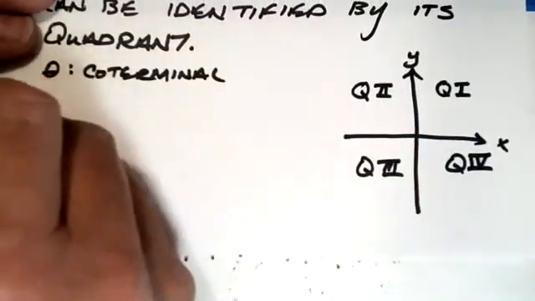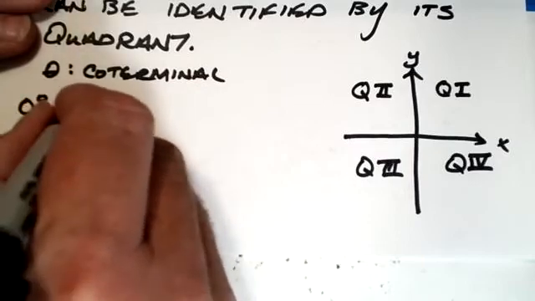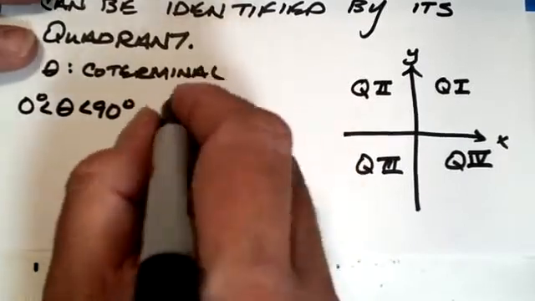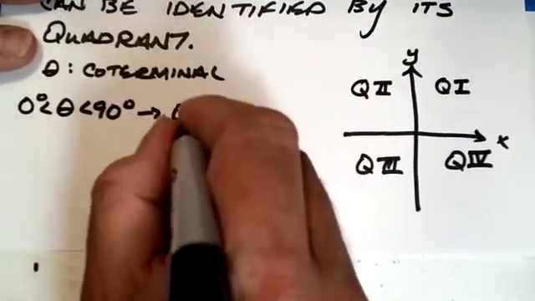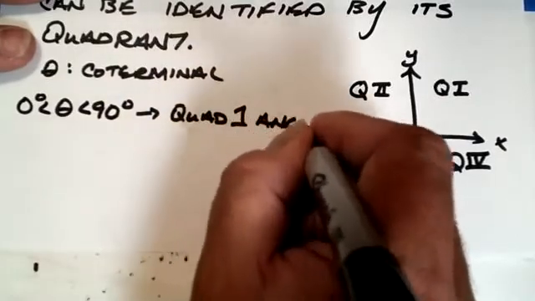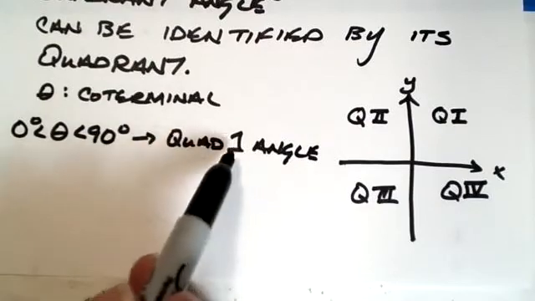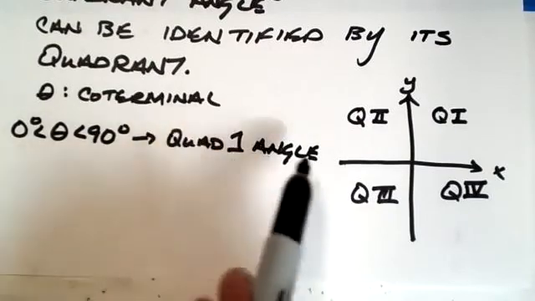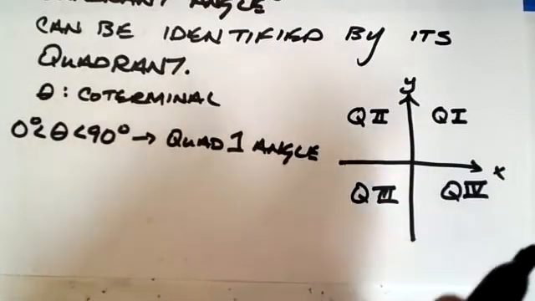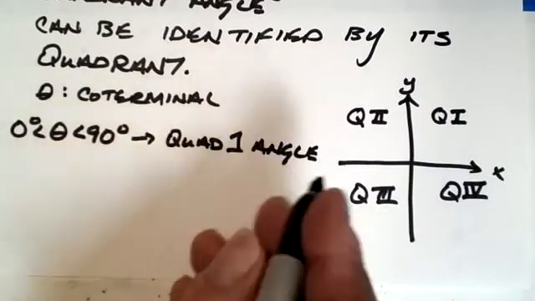So if theta is between 0 degrees and 90 degrees, then the angle is called a quadrant 1 angle. There are a couple different ways to write that: Q1, quad 1, quadrant 1, whatever makes you happy, just as long as it distinguishes that it's a quadrant and it's in quadrant 1.